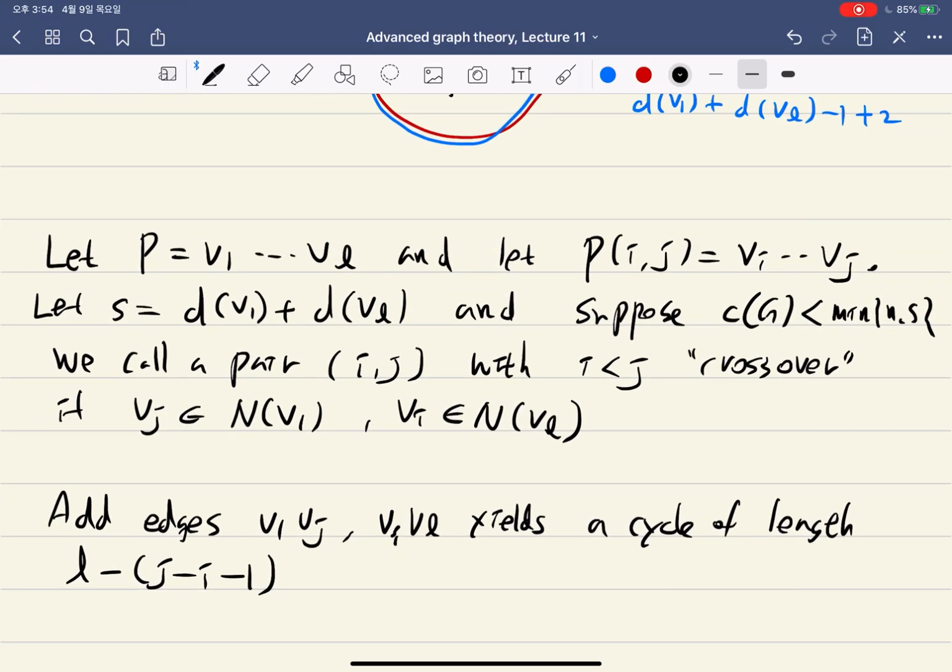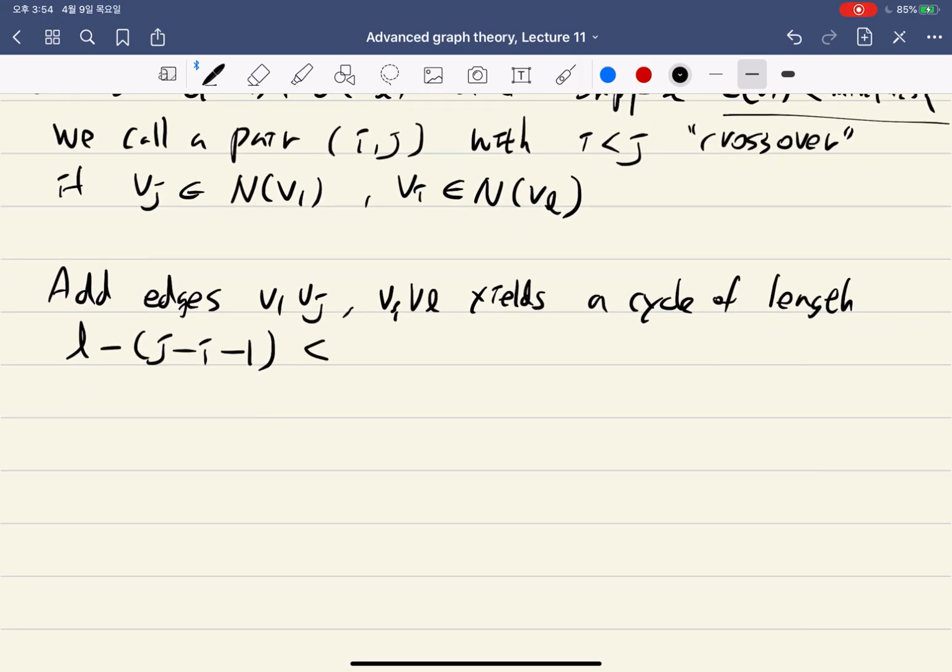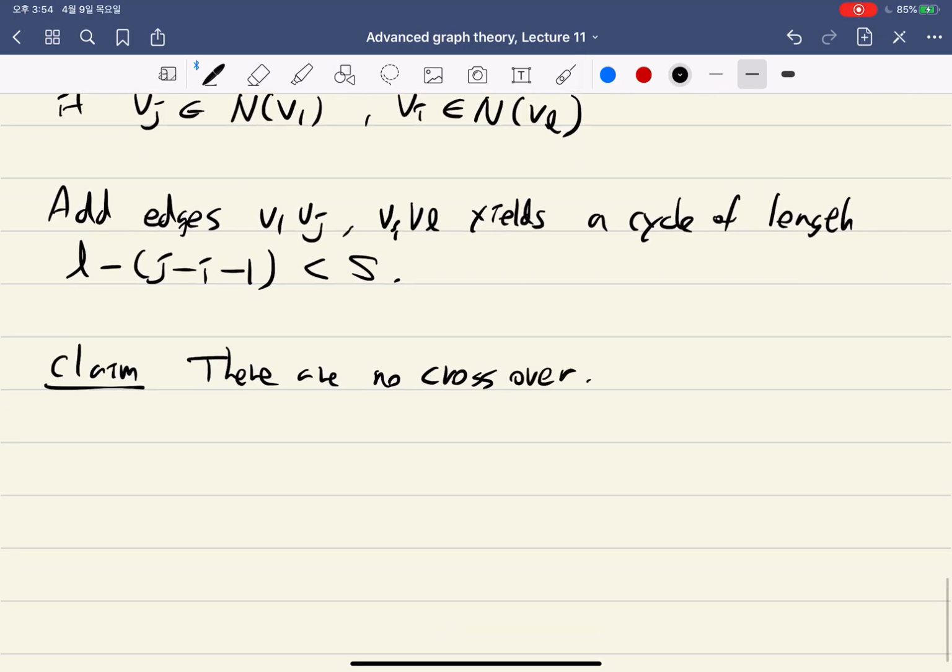So we assume that the circumference is smaller than S. And we can claim that there are no crossovers.